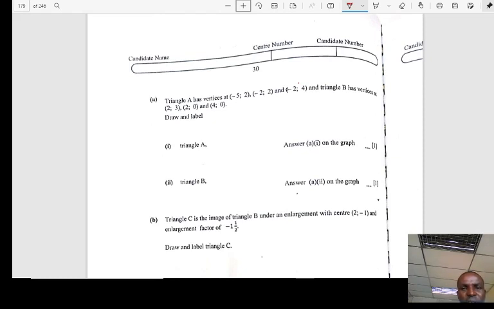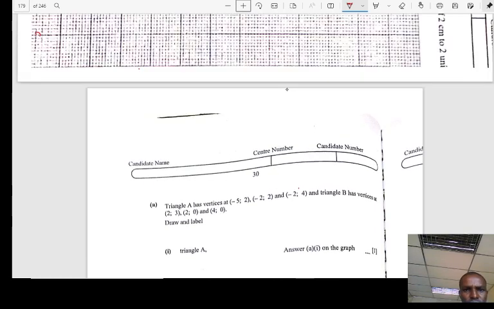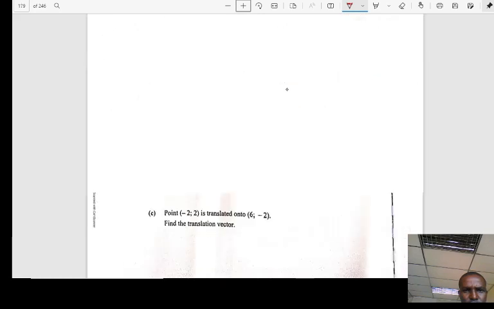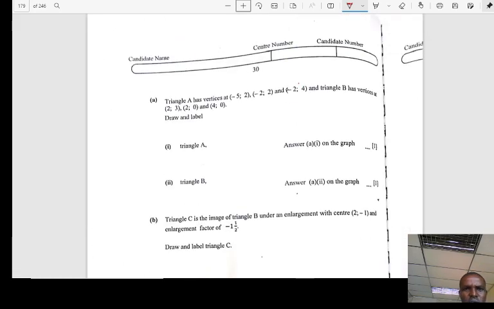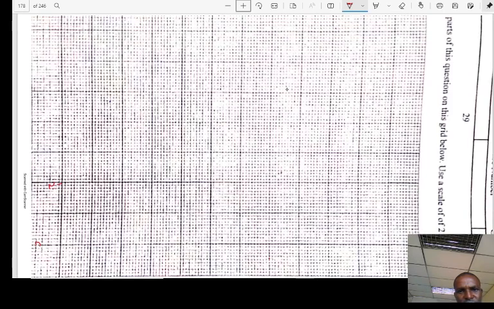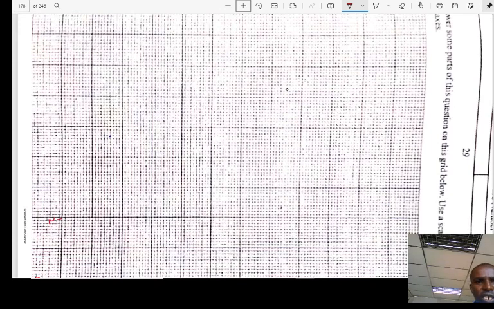Draw and label triangle A on the graph. I have to draw my x-axis, let me check here. I can say x is minus 5 there. I can use 1, 2, 3, 4, 5. Still supposed to work. All right.